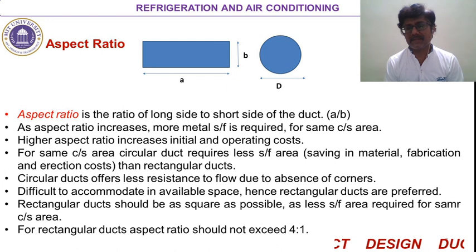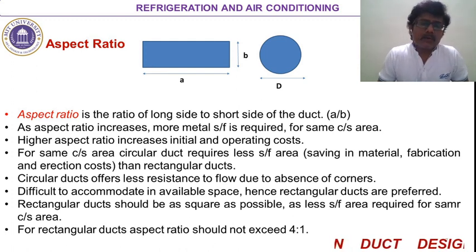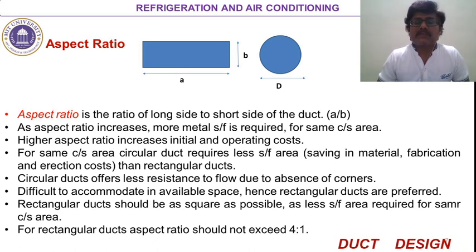A and B should be as near as possible, because less surface area is required for the same cross sectional area. And it is generally a thumb rule that for rectangular ducts, the aspect ratio should not exceed 4:1. It means that if the longer side has the dimension 4, then the shorter side will have the dimension 1. So that is the aspect ratio 4:1.